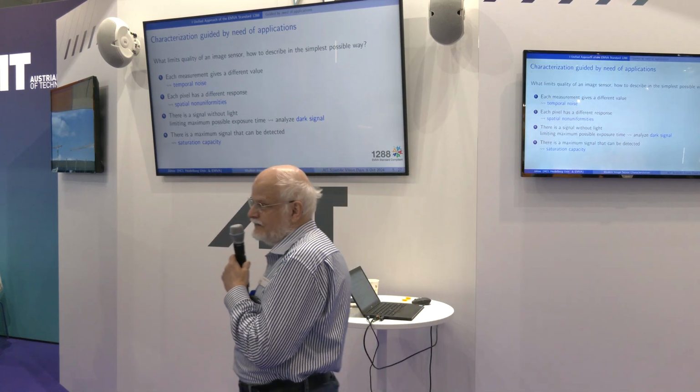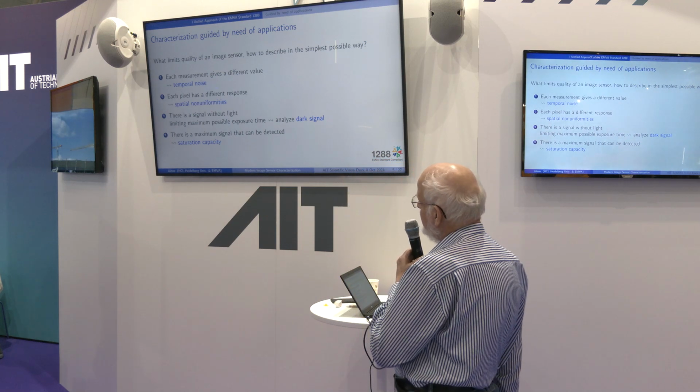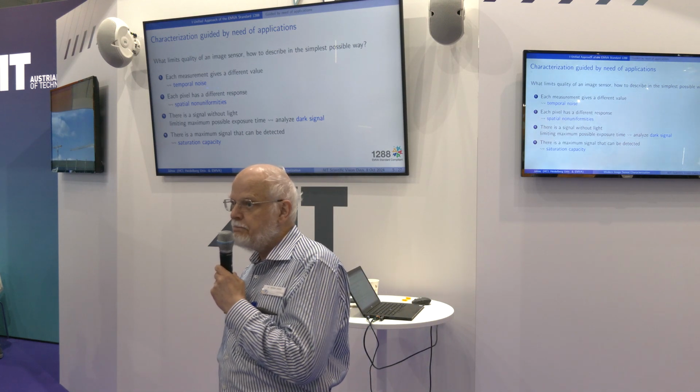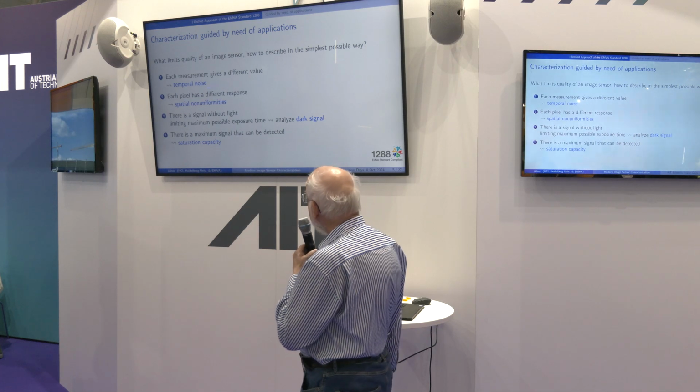Well, and finally, no sensor can detect unlimited light. It has a maximum signal that can be detected, and that is what we call saturation capacity. So these are the basic four limitations of image sensors.